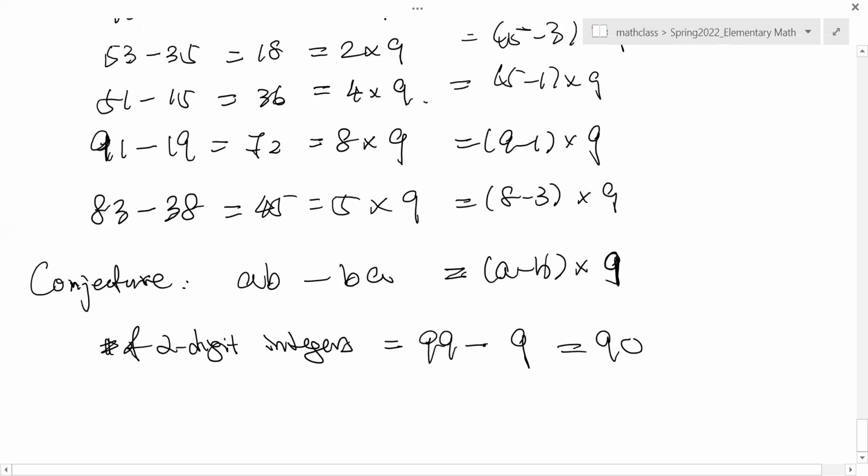So you cannot check all 90. You don't have time. So I call it a conjecture until you prove it. So I'm going to show you how to prove it.